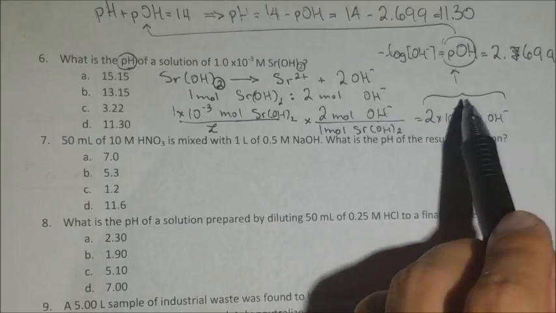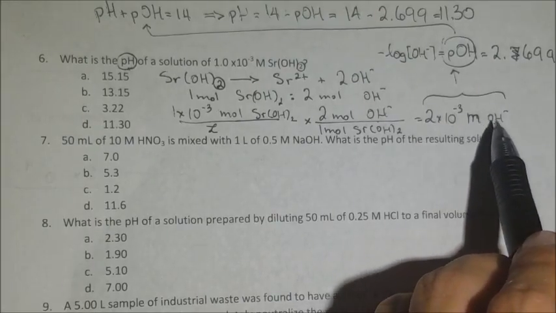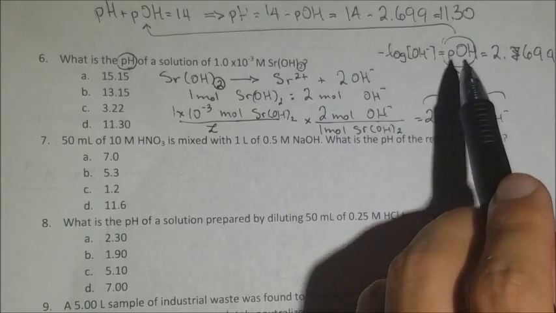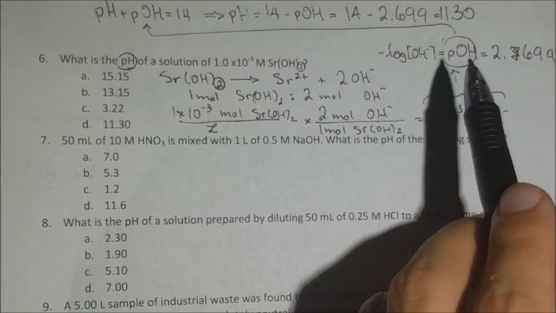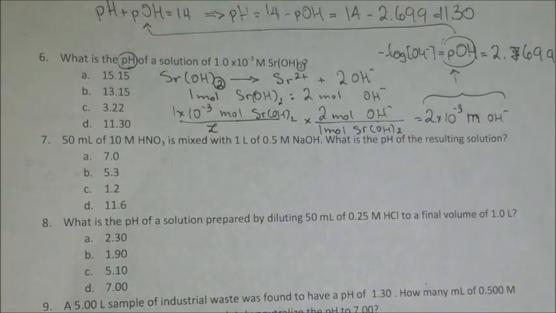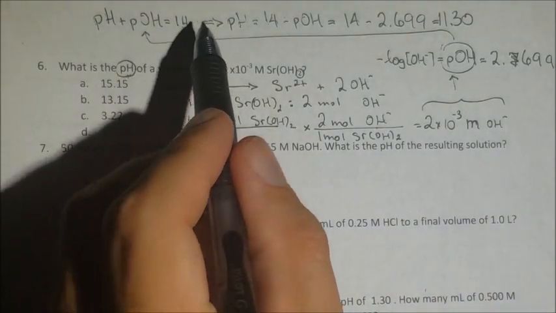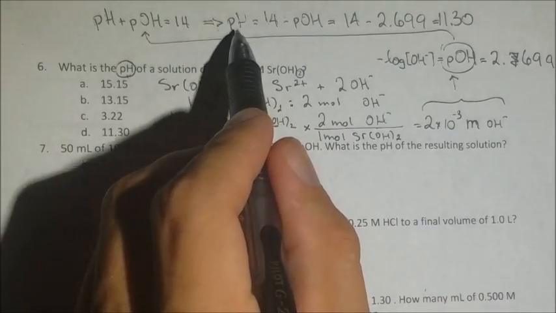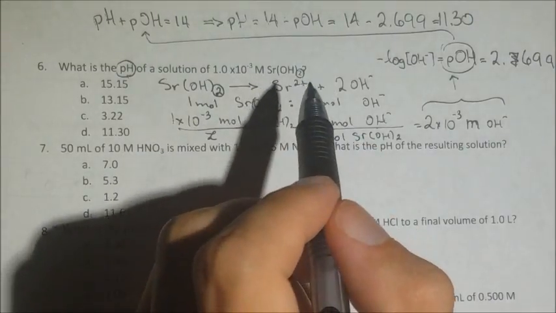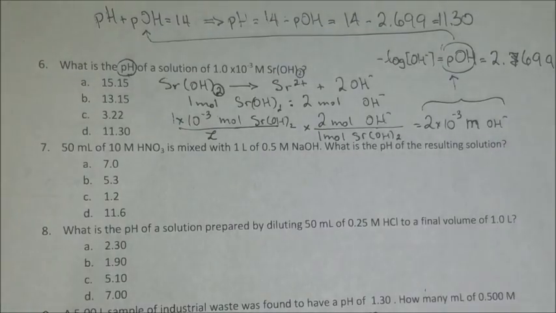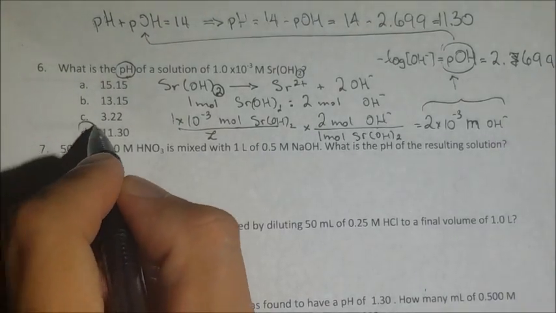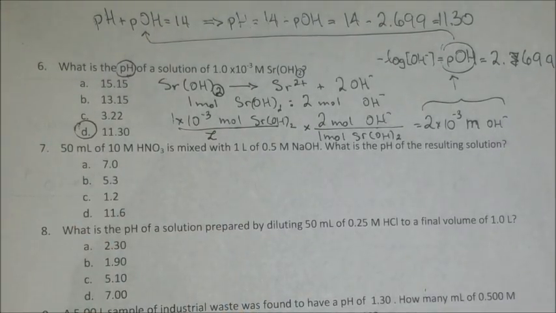And when you take the negative log of this value, it gives you the POH, not the pH. So once you got the POH, the way I prefer to do it is to take the pH plus POH equation, solve it for pH, and then plug in the POH, and that gives you 11.3 as your pH. So D is the correct answer for number 6.